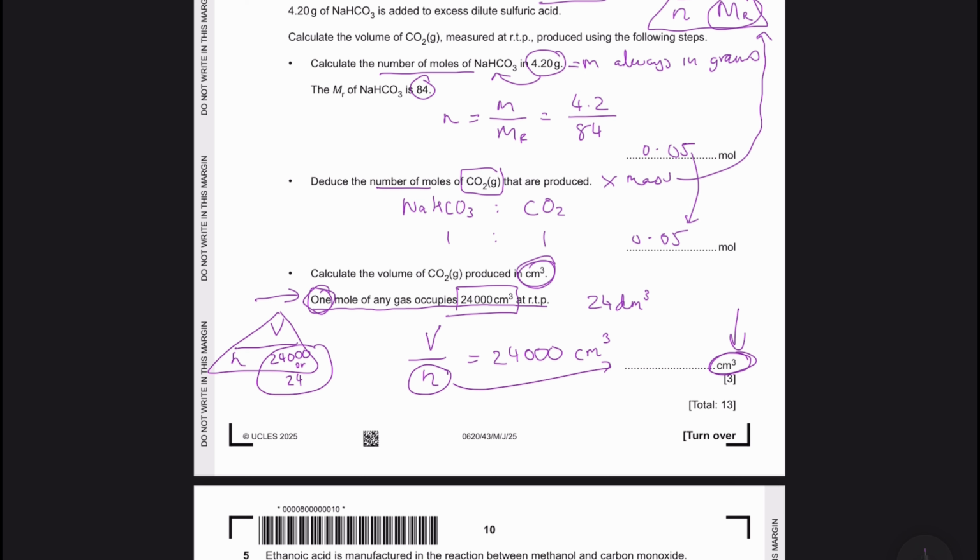You choose which one you need to use depending on the units they want from you. So if we want the volume, we're going to cover that up. Then we're doing number of moles times by 24,000. And the number of moles we've already worked out, which was 0.05 times by 24,000. We're going to plug that in the calculator and we should get 1,200. Is that what you got?